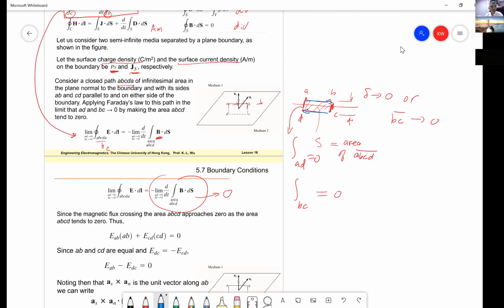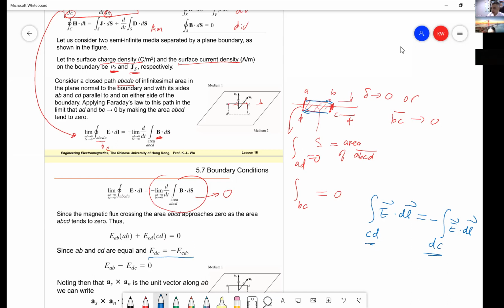Because of the line integration, only these two terms still remain. However, we know the integration along CD, this is the electrical field dotted with the differential length, equals minus the integration along DC, because the direction is opposite. CD and DC are opposite directions.